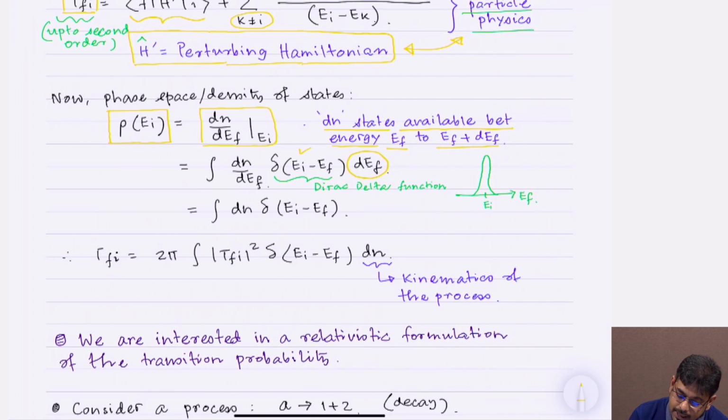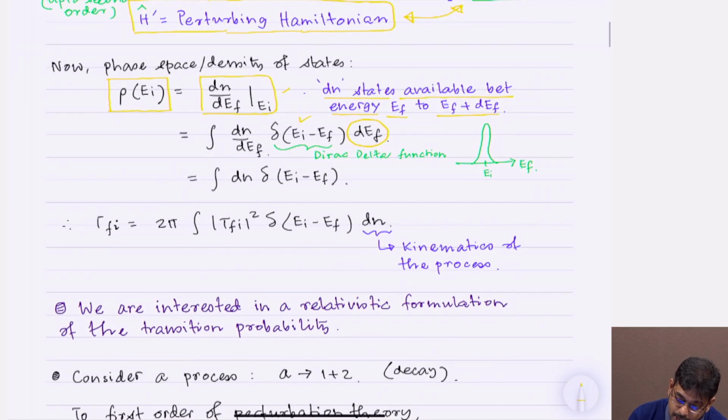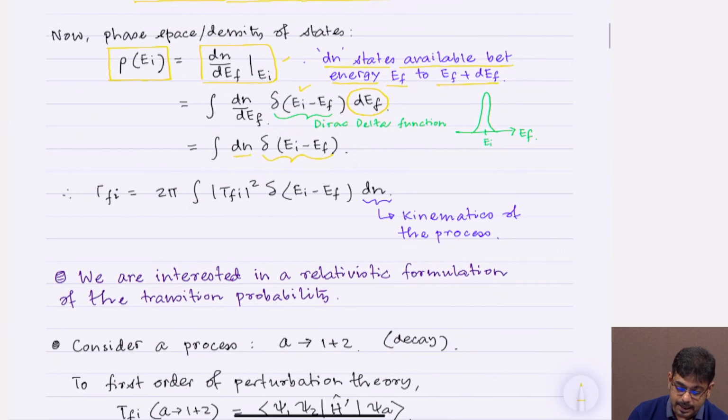Now, once again you can see that this integral of the delta function with the measure dE_f basically ensures that you evaluate dN/dE_f at the value E_I, which is the definition of rho(E_I). You can also say that this is nothing but the integral of dN, the states available between energy E_F to E_F plus dE_f, with the delta function delta of (E_I − E_F).